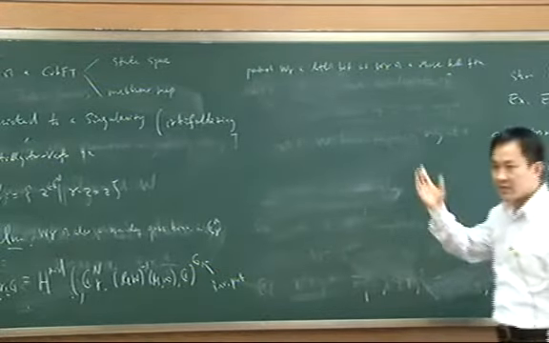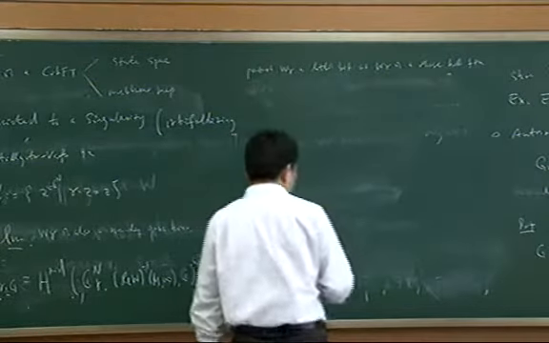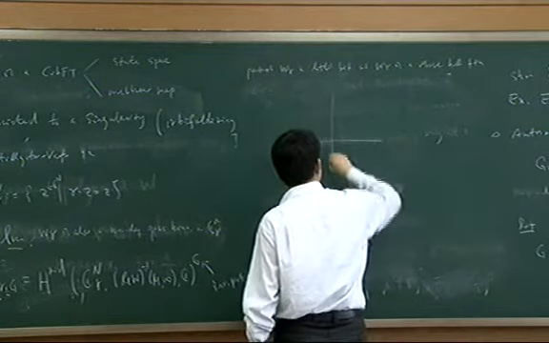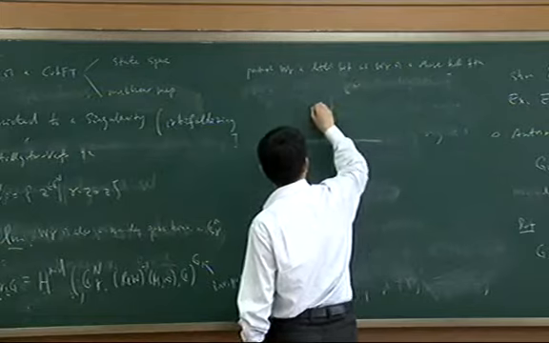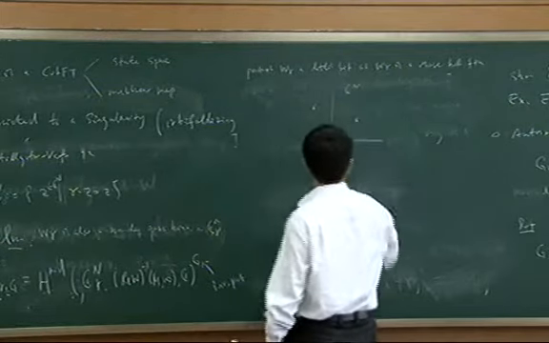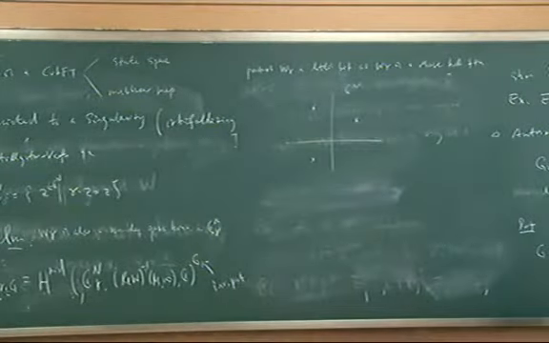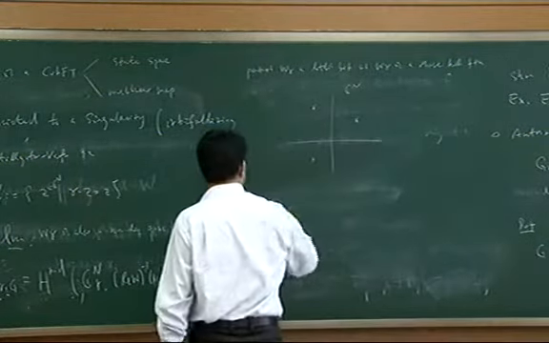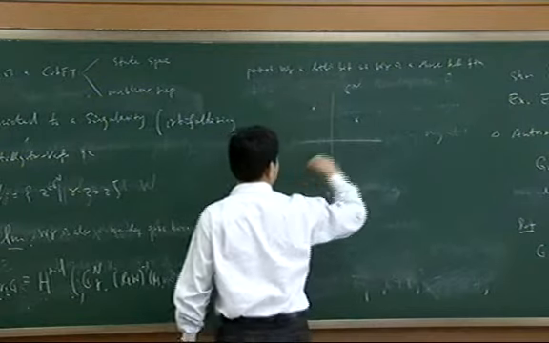And then it has some finitely many non-degenerate critical points in this space. And we can take the Lefschetz thimble. It looks like this.